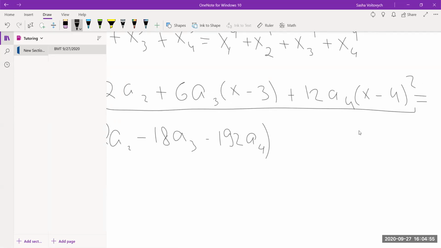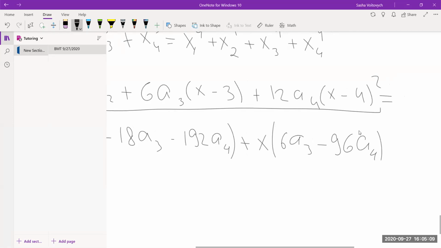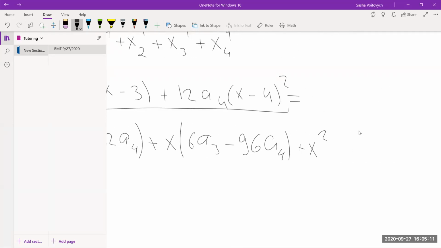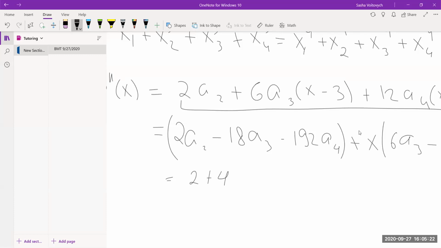And the coefficient of x will be 6a3 minus 96a4. And the coefficient of x squared is just going to be 12a4. So this is supposed to be equal to 2 plus 4x plus 4x squared.